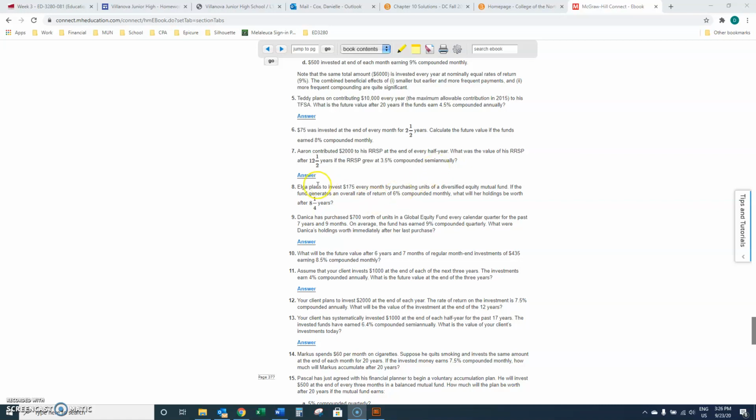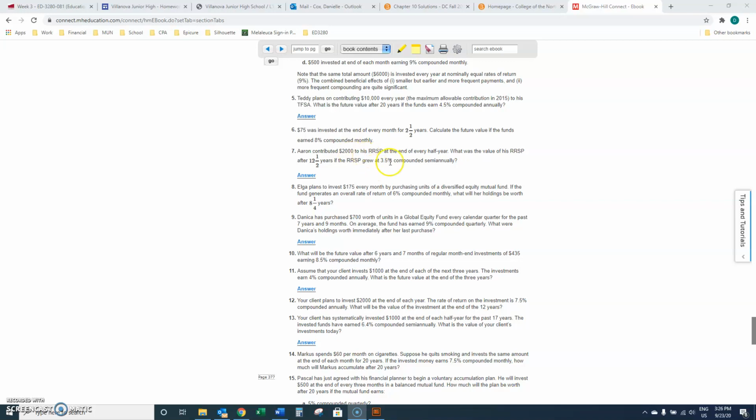Then I go back and I read through it again and I jot down the information that I have. So he contributed $2,000 to his RRSP at the end of every half year. So we know the payment is $2,000. He's contributing that money. The money is leaving his hand. So it's negative $2,000. So payment equals negative $2,000.